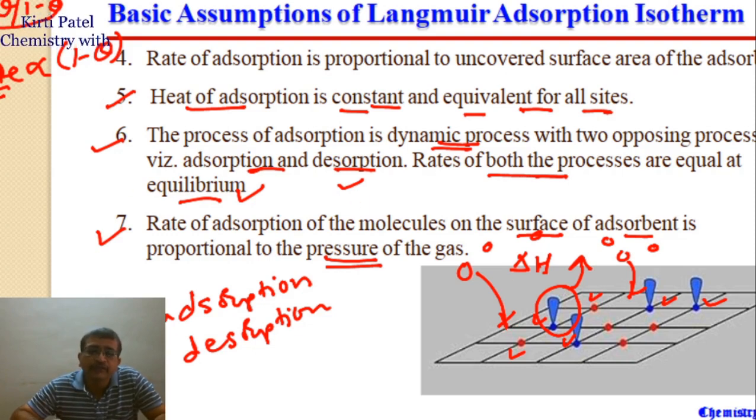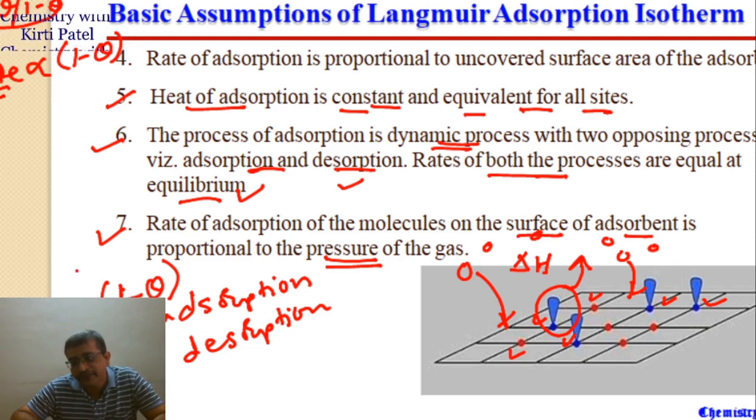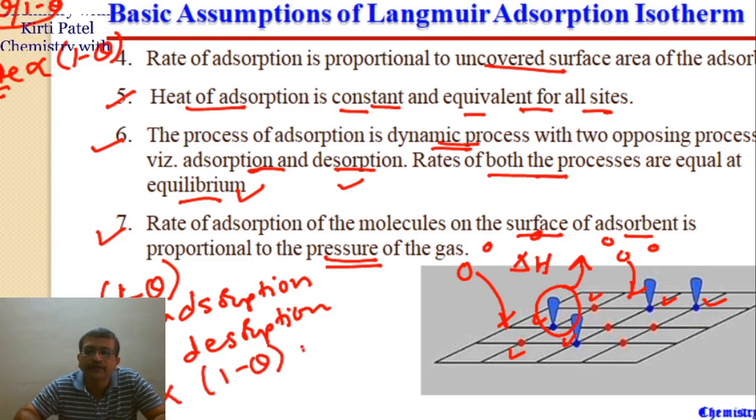So the rate will depend on two factors. One is the number of sites available to be adsorbed, that is 1 minus theta, or the surface area which is uncovered, and the second is that it is proportional to pressure. So overall the rate of adsorption will be proportional to 1 minus theta into P.